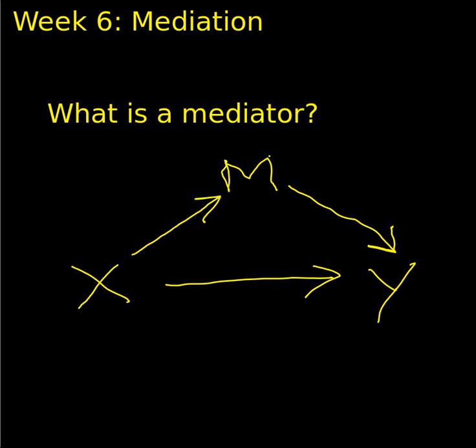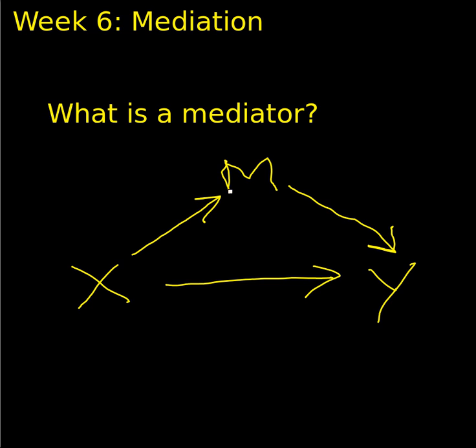So if we think of this causal pathway and we want to predict the outcome, the most important thing to use as a predictor is the most proximal predictor in the causal pathway. So therefore, this mediator becomes the point at which we would like to assess to get the most reliable assessment of the outcome.